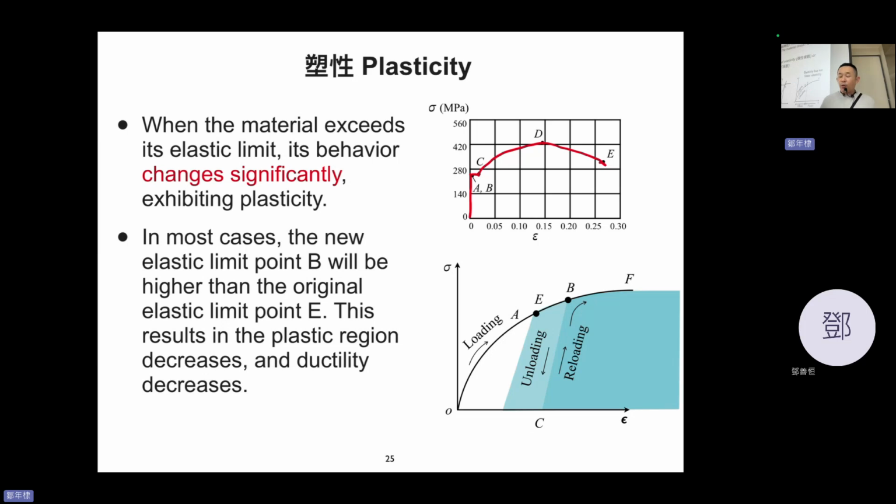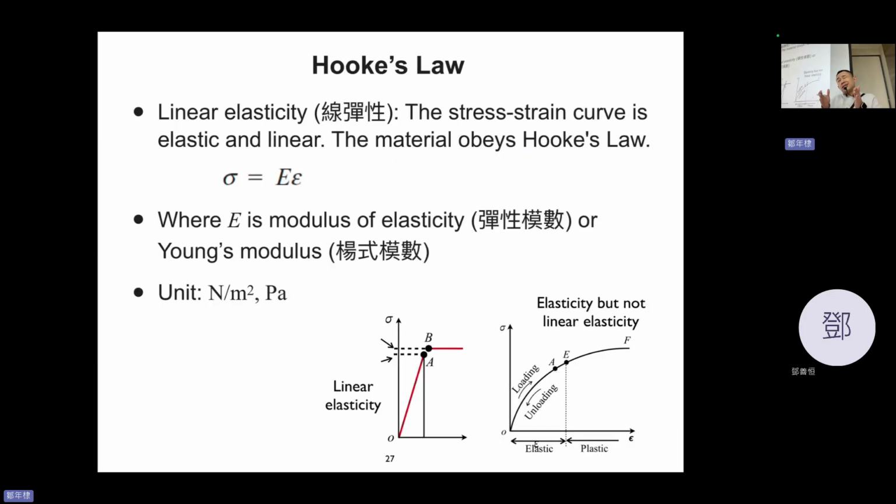But now we fix our assumption or simplify our problem. Before the elastic limit, we only talk about linear elasticity. So very simple, okay? We assume that the stress strain curve is elastic and linear. The material obeys Hooke's law, sigma equals E times epsilon.